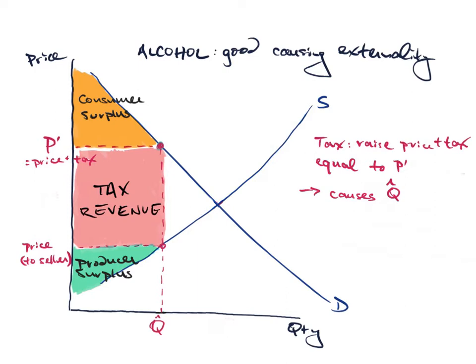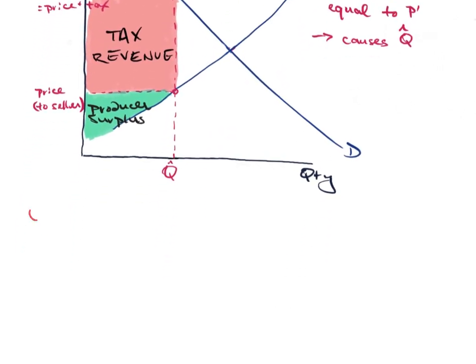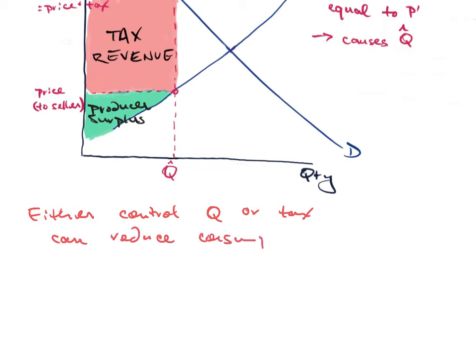Okay, so here's sort of the moral of the story. Either a control on quantity or a tax can reduce consumption. The tax generates government revenue.